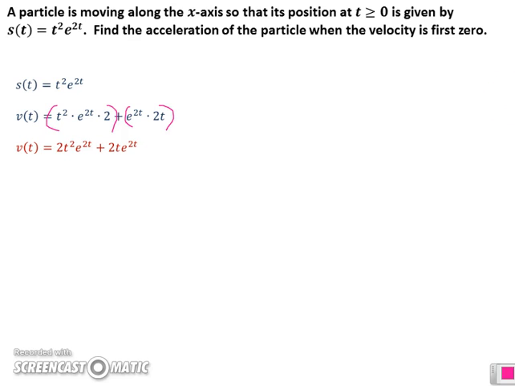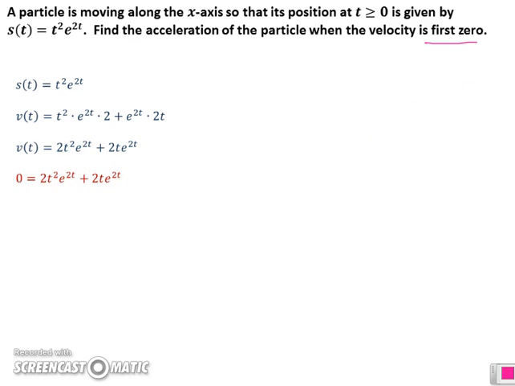And now while we have the velocity equation, we might as well set it equal to 0 and solve it so we can get where it equals 0 the first time. Now this situation is kind of icky. What do you do when you have problems that look like this, with a t squared, a t here, and a t in the exponent?